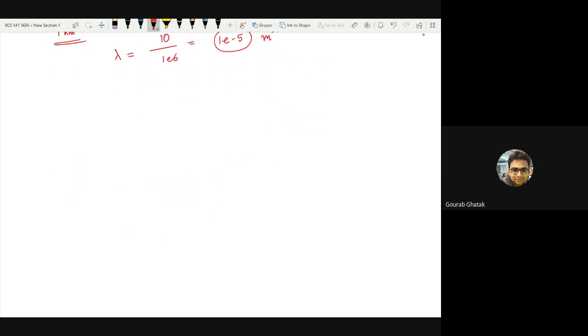It's not important for this moment, but let me just write them. Cell center users, which are located very close to the base station, and cell edge users, which are located near the cell boundaries.